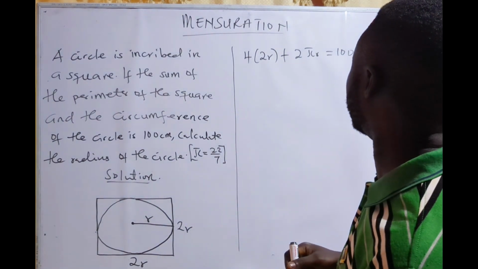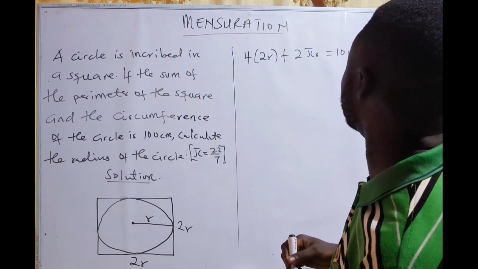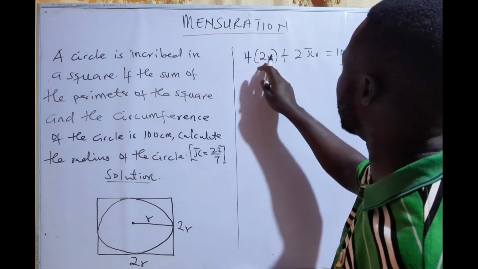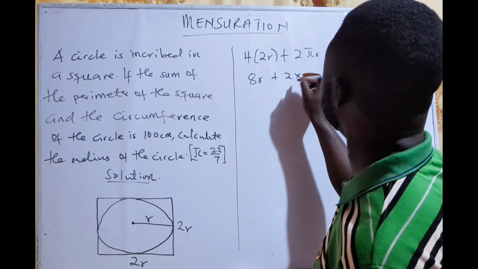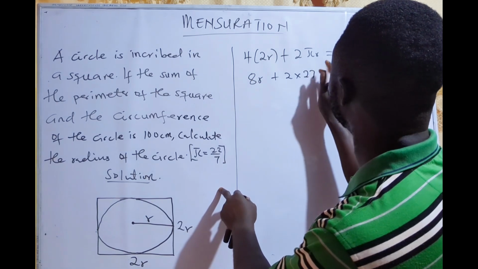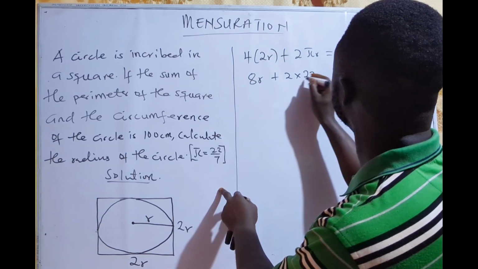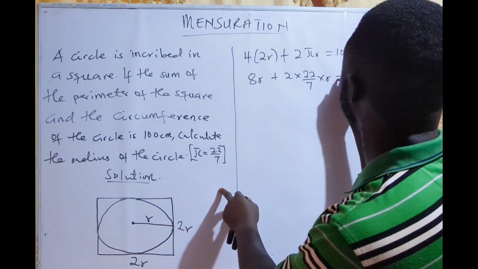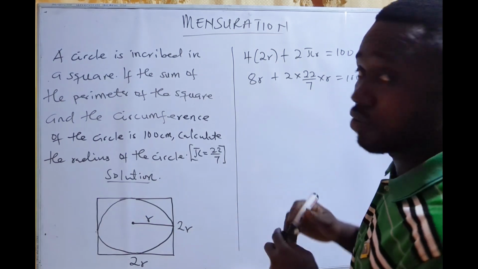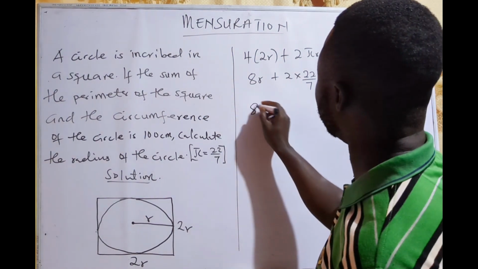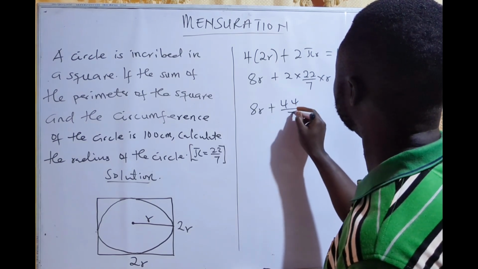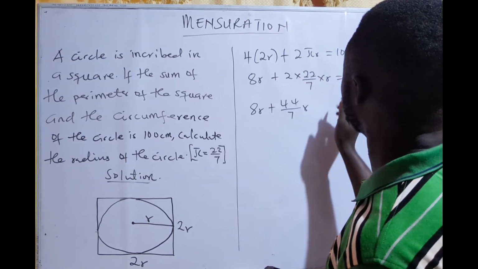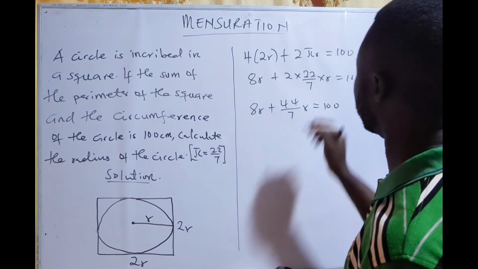Now if we expand, 4 times 2r gives me 8r, plus 2 times pi, which is 22 over 7, times r, equals 100. So we get 8r plus 2 times 22, which is 44 over 7, r, equals 100.